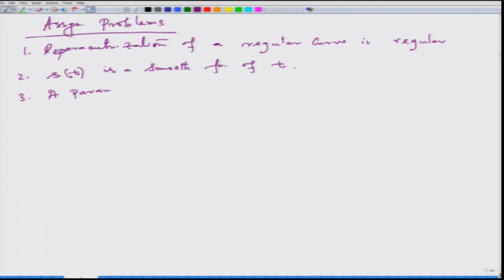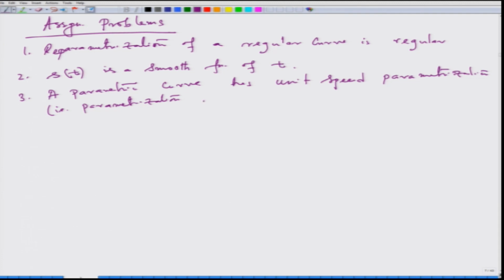Third, a parametric curve has unit speed parameterization, that is a parameterization such that the speed of gamma dot (s) is always 1, if and only if it is regular.